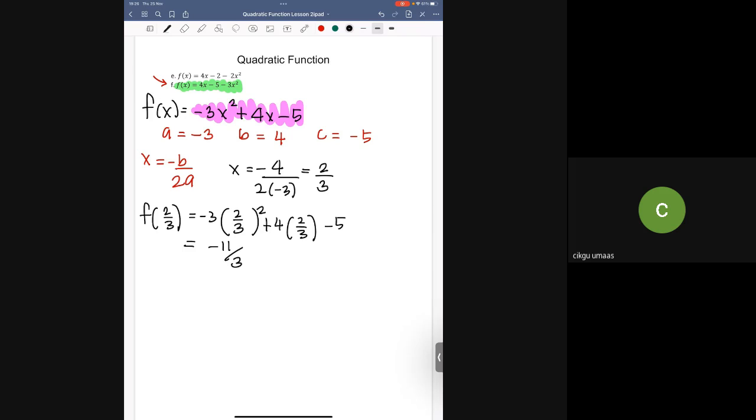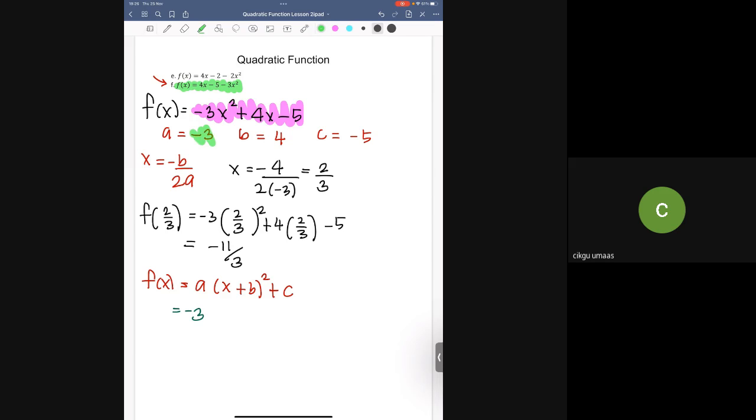Okay, now once I've done that, I can rearrange it in the form of what we call the vertex form. So when I do that, my A is negative 3. Where is the A coming from?